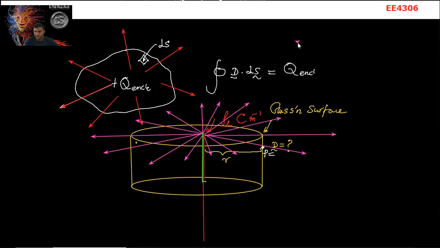Assume the height of this cylinder is simply h. Then the total charge enclosed by this Gaussian surface you can represent as Q enclosed equals rho L into h.